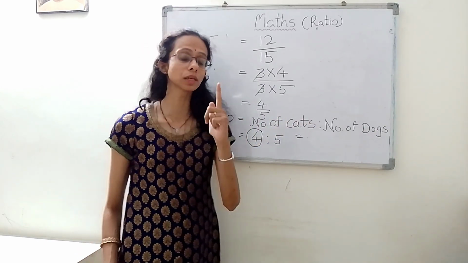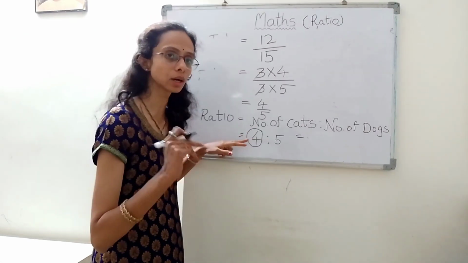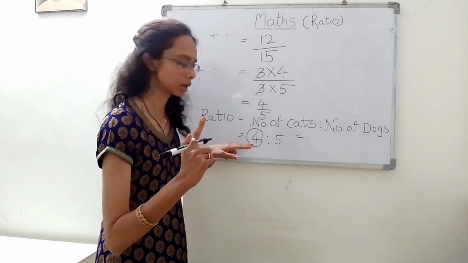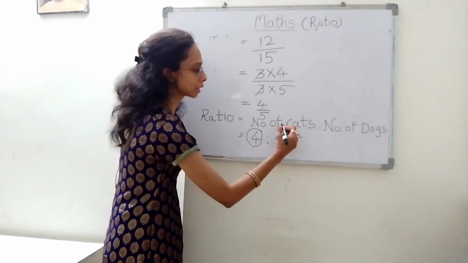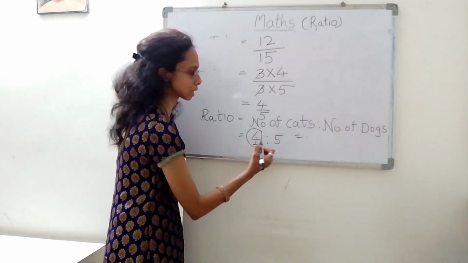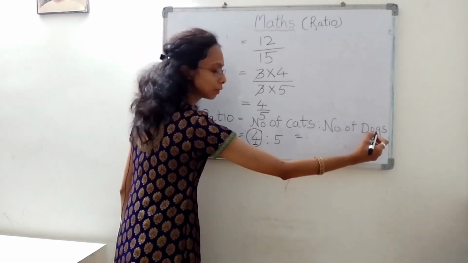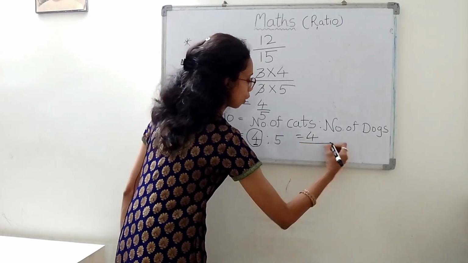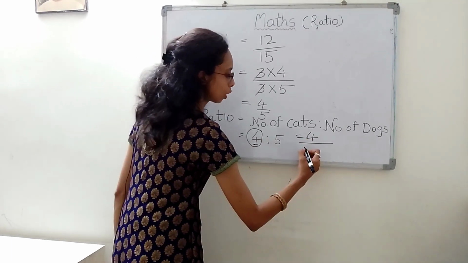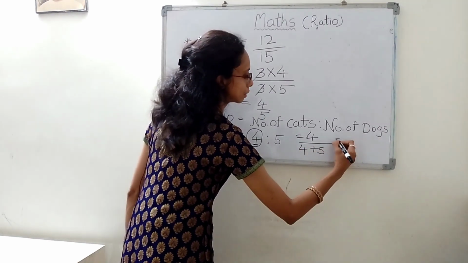Remember, student, this is very, very important. The word which is asked first in the question, that is the ratio of cats. So you have to see here that in the number of cats, 4 is written first. So the ratio of cats to the total number of animals is 4 upon the total number of animals, which is 4 plus 5 equal to 9.